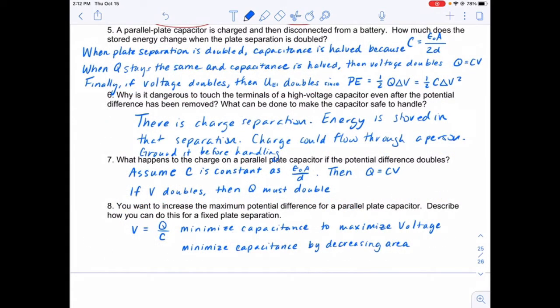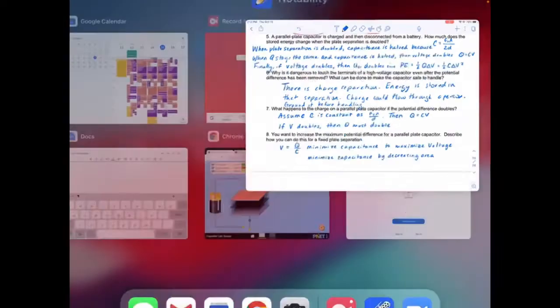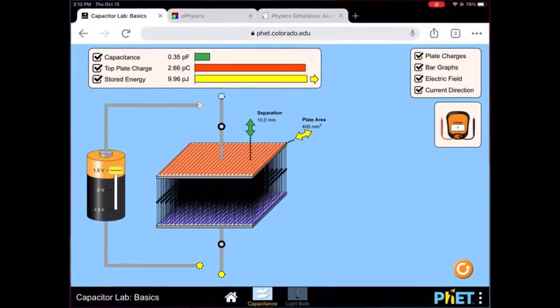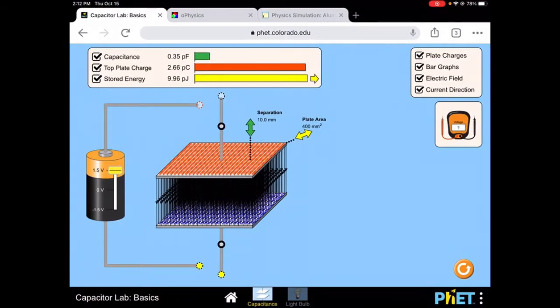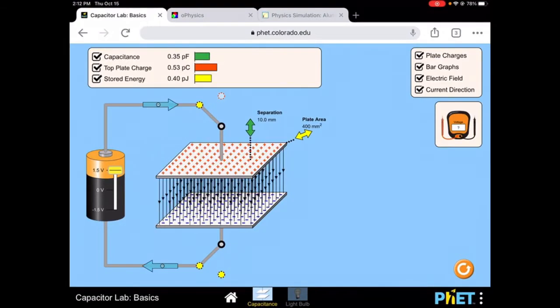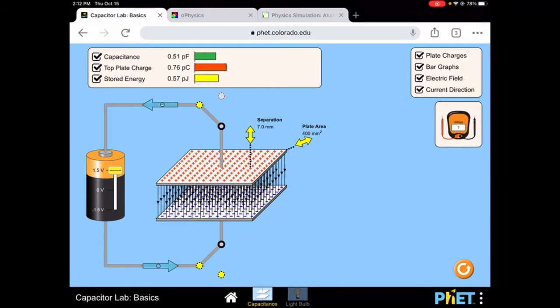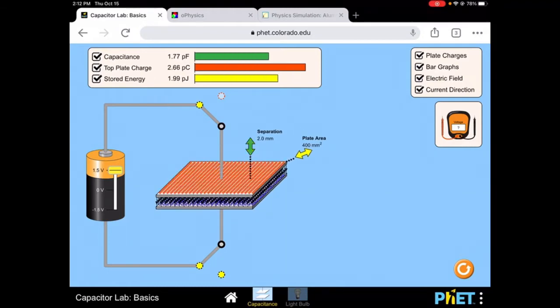A parallel plate capacitor is charged and then disconnected from a battery. How much does the stored energy change when the plate separation is doubled? I've got an explanation here, but before I go through it, I'd like to do a little demonstration. I'm going to start back here. I'm going to decrease the plate separation, and I'd like you to notice the graph at the top of the screen. I'm going to disconnect this capacitor from the battery.